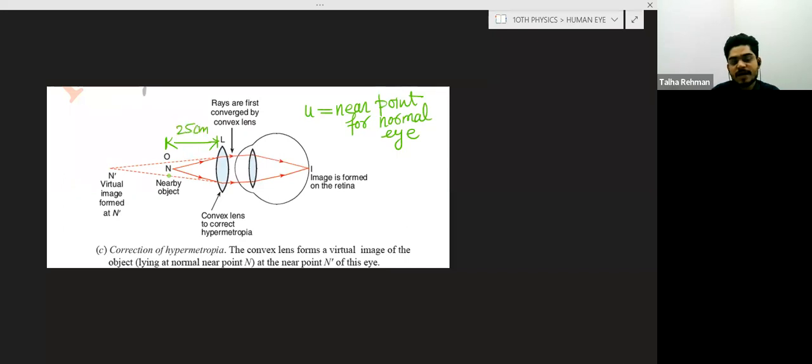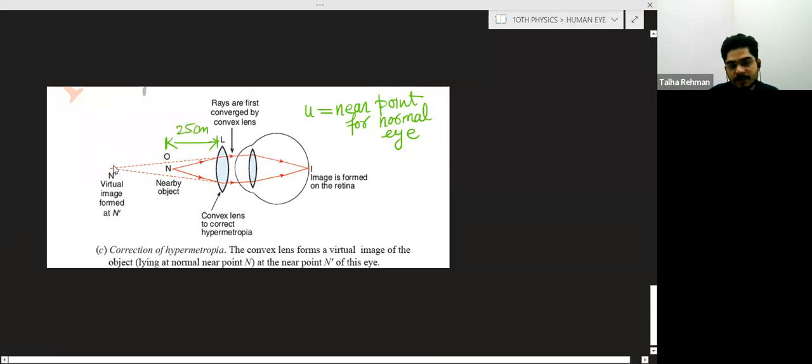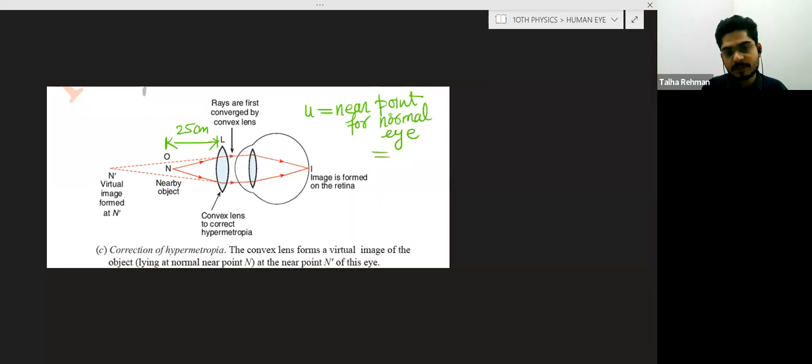And finally, where is the image formed? The image is forming at the near point of this hypermetropic eye. So basically, for object distance, you will take the near point for the normal eye, that is equal to 25 centimeter.